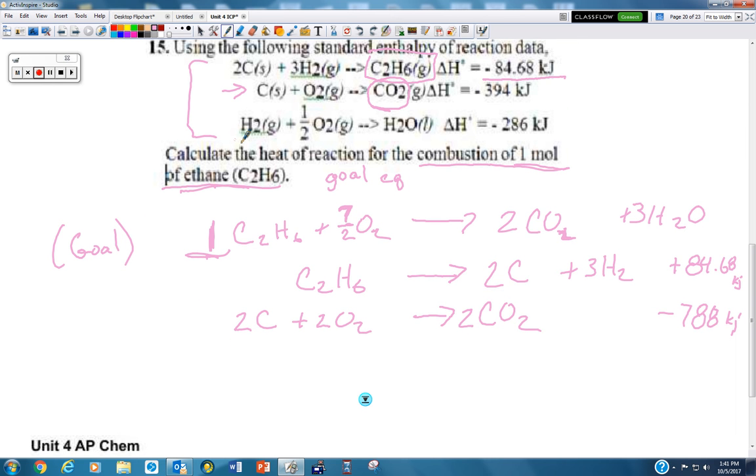And then this last one, what is the sole contribution of this equation that nothing else has? Water. Notice water is on the product side, so we're going to keep it on the product side.